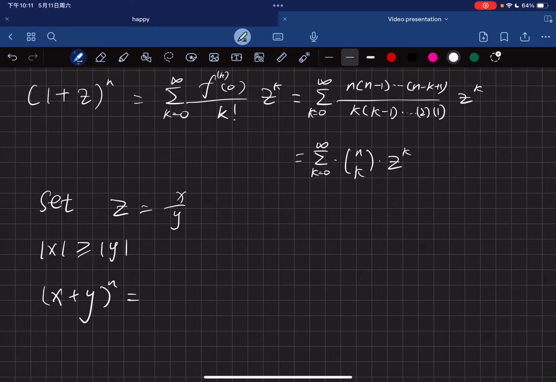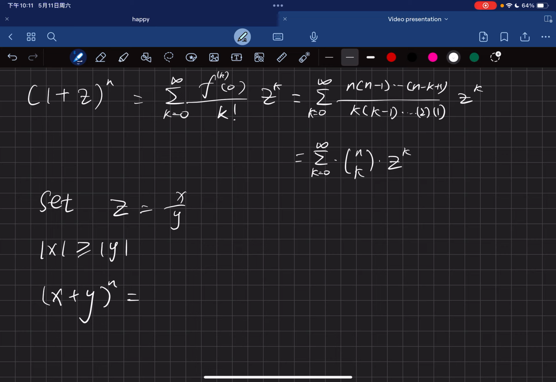So we divide by x and put x out of the equation, right?